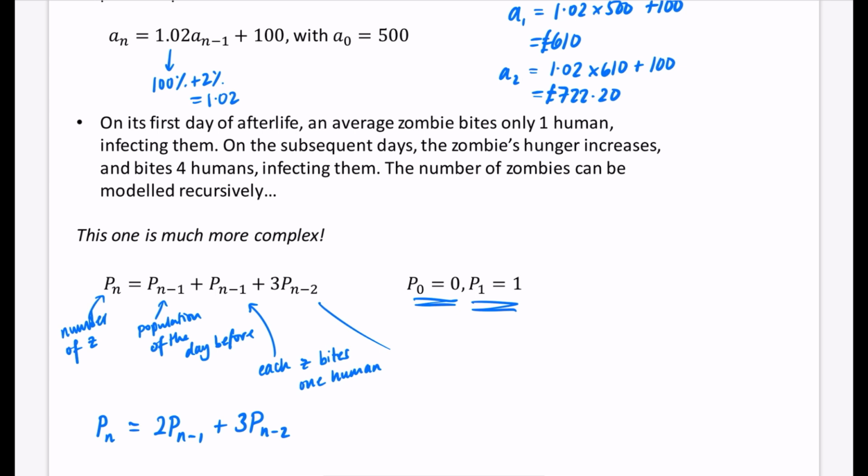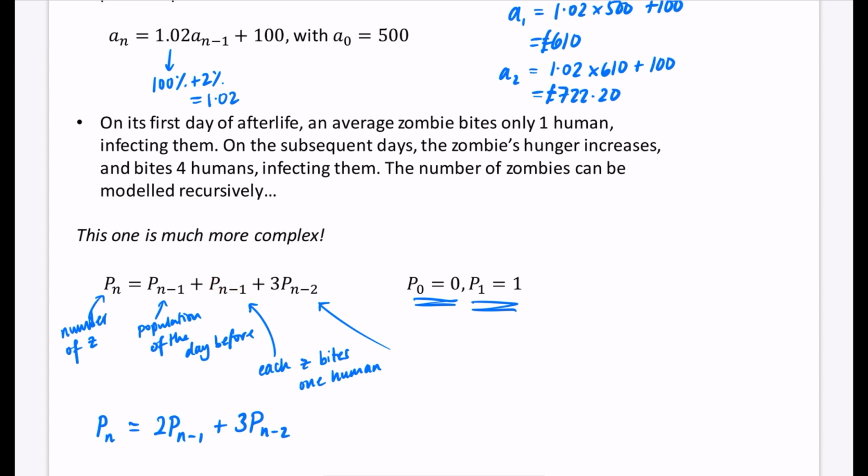And then this part is representing the zombies that have definitely been around for the population that was the day before that, because all of the zombies on that day before have had one day where they've only bitten one human, and so now they're going to bite 3 additional humans. So each zombie is biting one or more than one. We don't put 4 here for the previous part because that's already accounted for in the part we've got here.